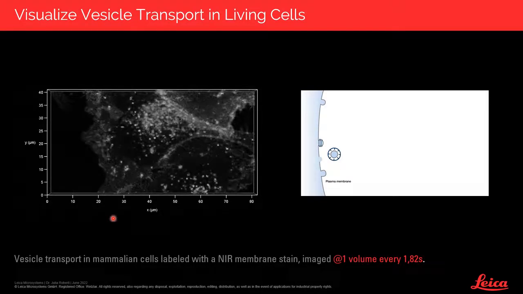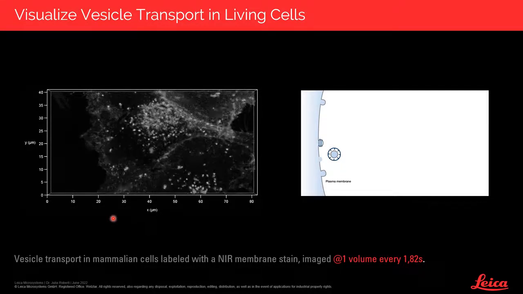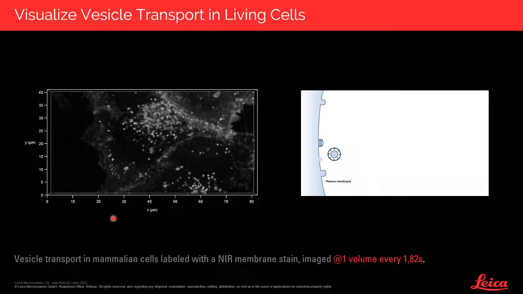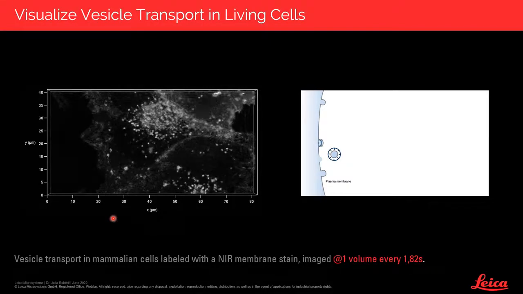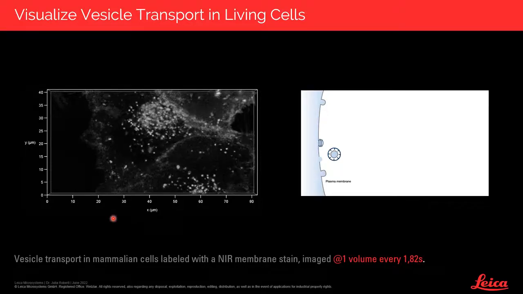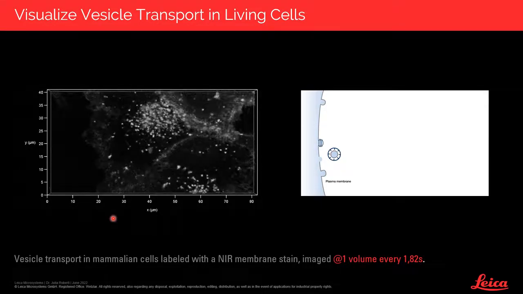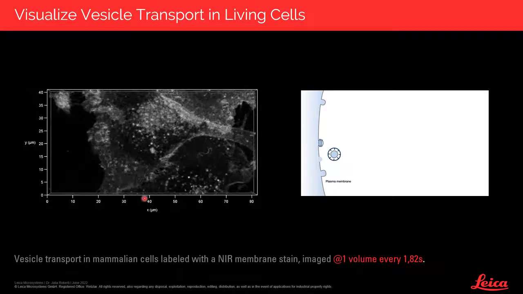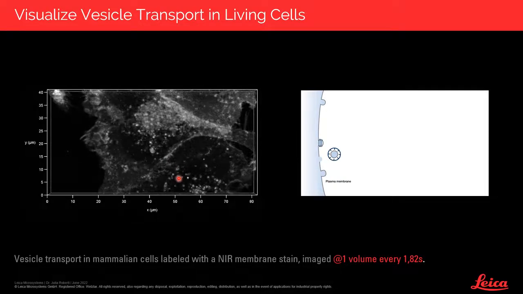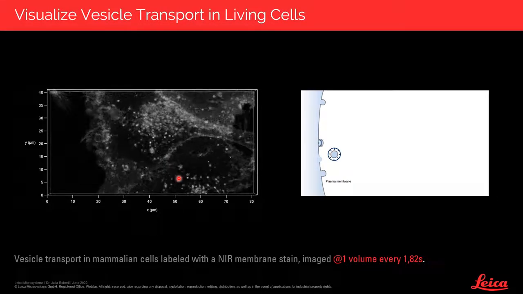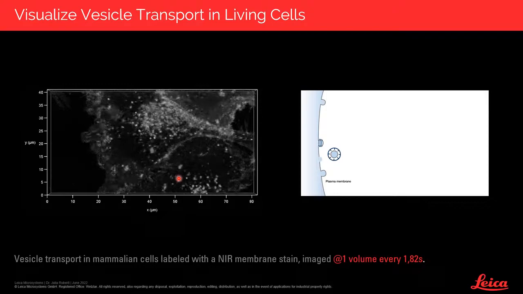One thing I have not mentioned yet is which labeling we are using here. In this case we have labeled the cells with an NIR membrane fluorescence probe, and we captured the fast vesicle movements with a speed of 1 volume every 1.8 seconds.